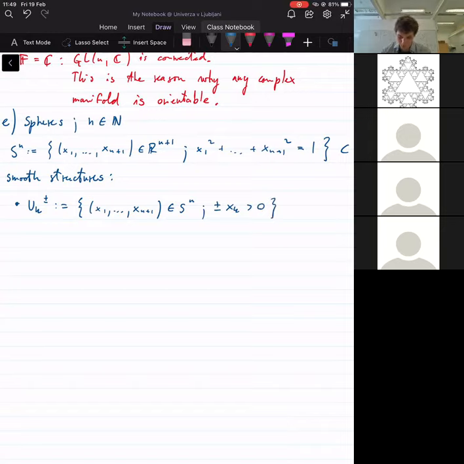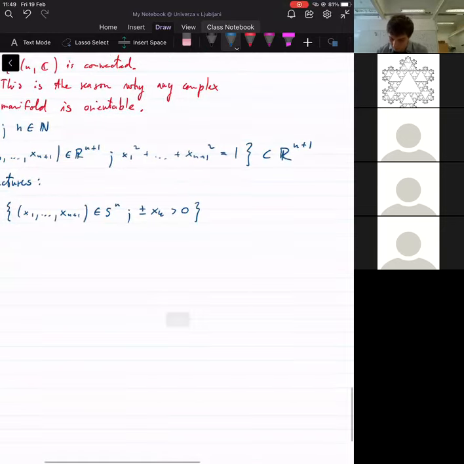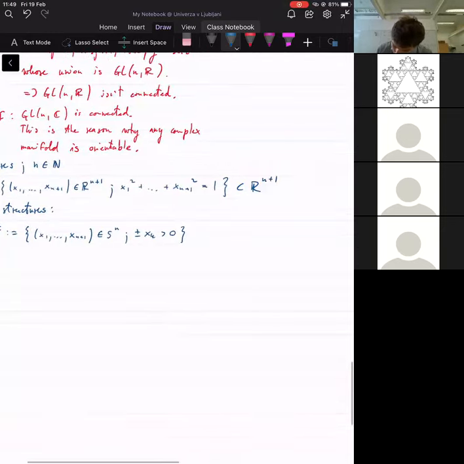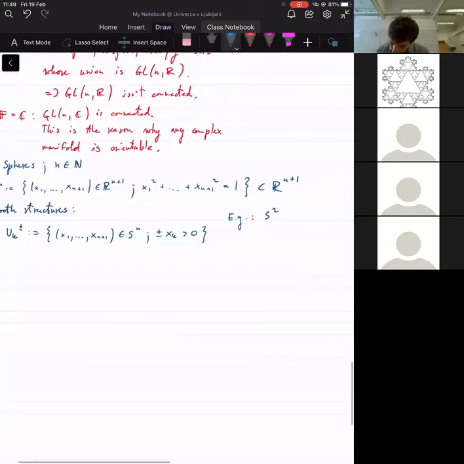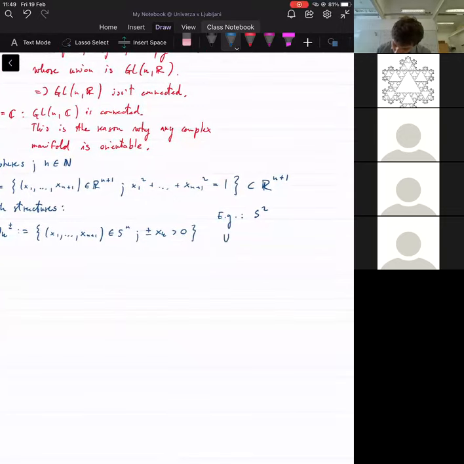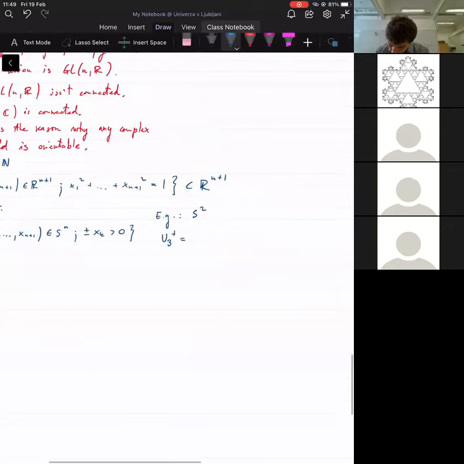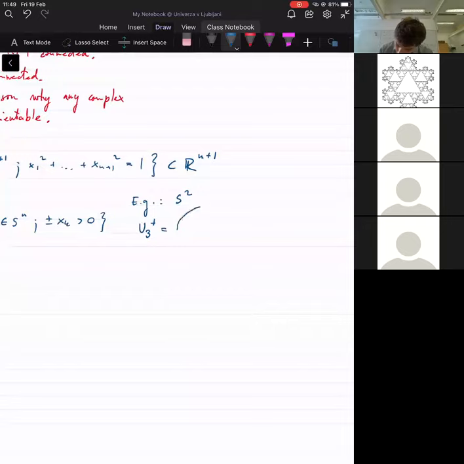Okay, so what this means is, for example, let's consider S2, right? We have U_3^+ is equal to, and now I'm going to have to draw some stuff here.